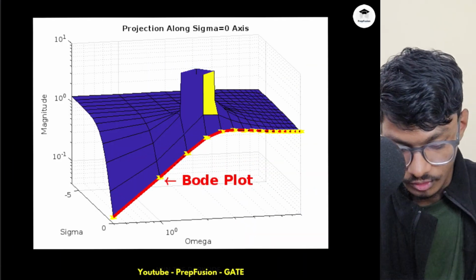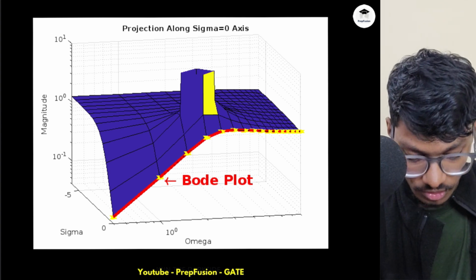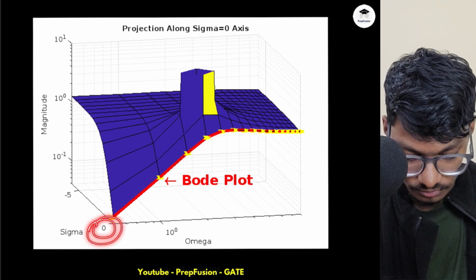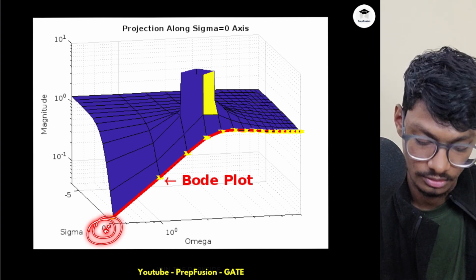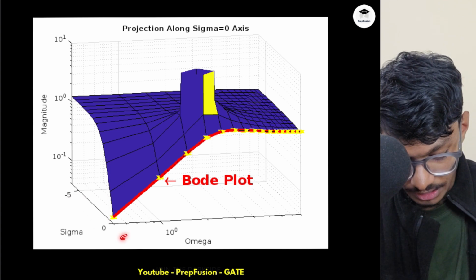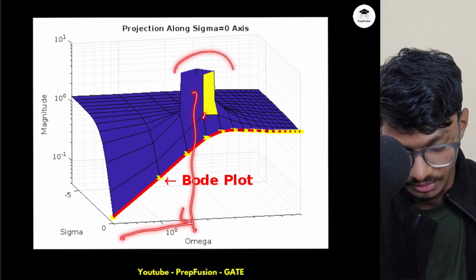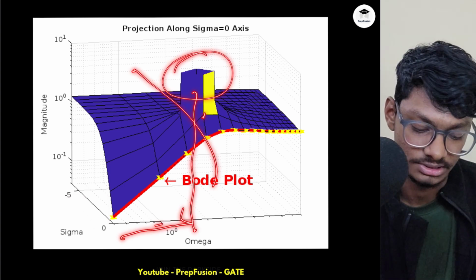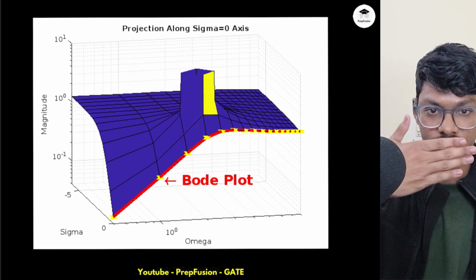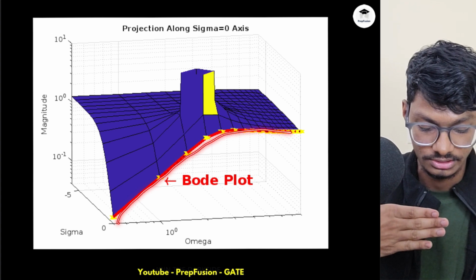Now if you want to see the projection of the Bode plot, the Bode plot is only this part, where my sigma is 0 at this particular point. If sigma further reduces, we can see that at this particular frequency this is blowing up, but this is behind this. We just see the projection in front, this line we saw here.